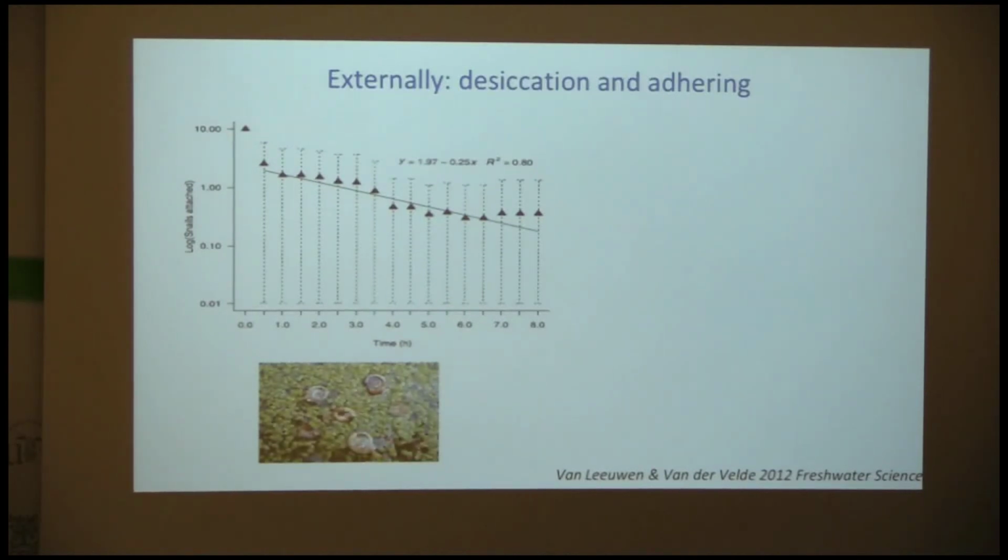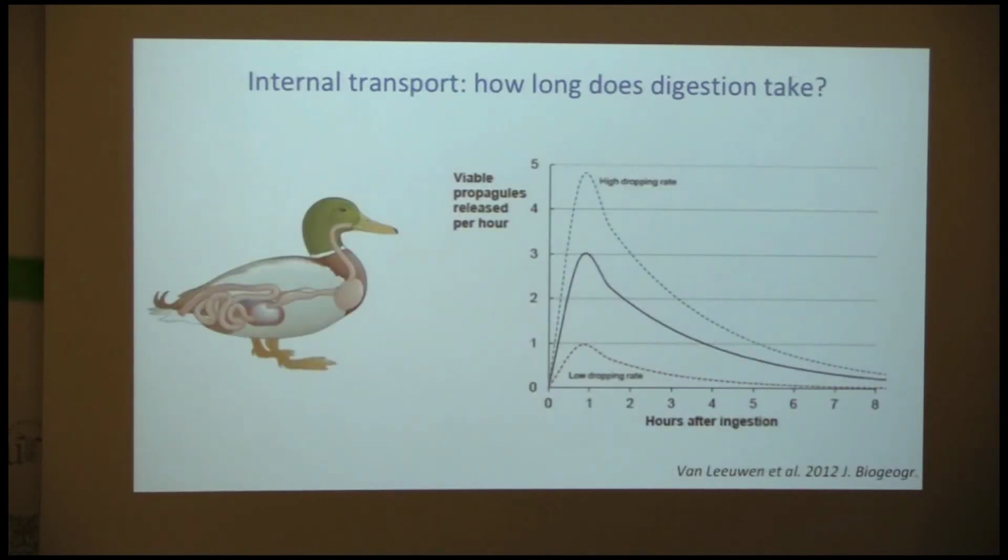So we should redo the experiment and keep it going longer. But I think external transport can be quite extensive on migratory flights. But internal transport, we should study it a bit more. So this is a graph that is a combination of the decline in viability of seeds or invertebrates that have been eaten, and the time it stays in the digestive system.